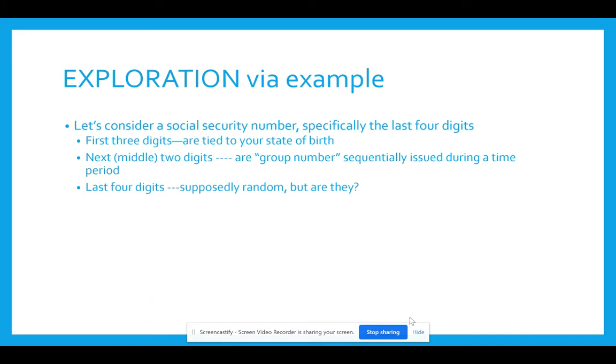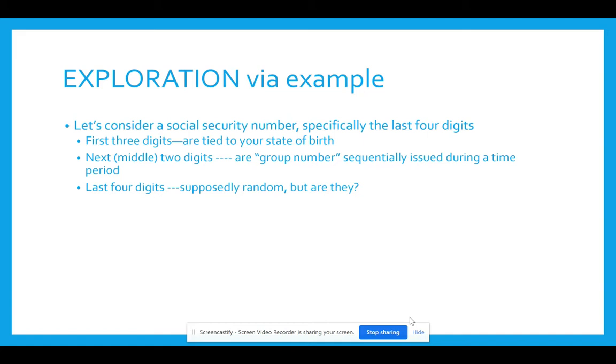We all, or most of us, have a Social Security number, and I want us to focus specifically on the last 4 digits. You may not know and you may not care, but the first 3 digits of your Social Security number are tied to your state of birth.